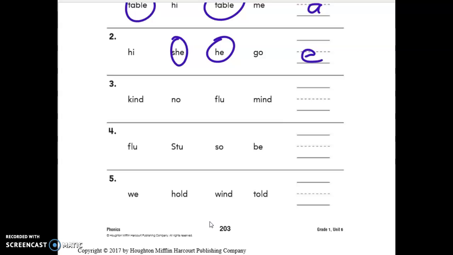Number 3, you can read them with me. Kind, no, flew, mind. Number 4, flew, stew, so, be. Number 5, we, hold, wind, told. All right, pause it, and do 3, 4, and 5.